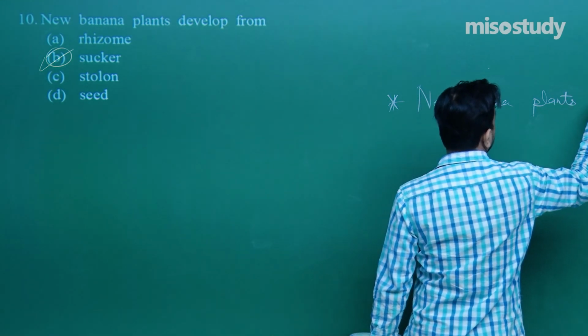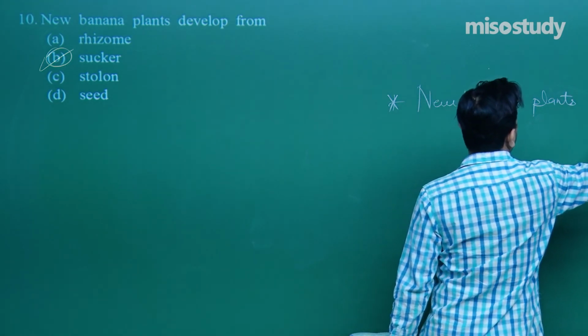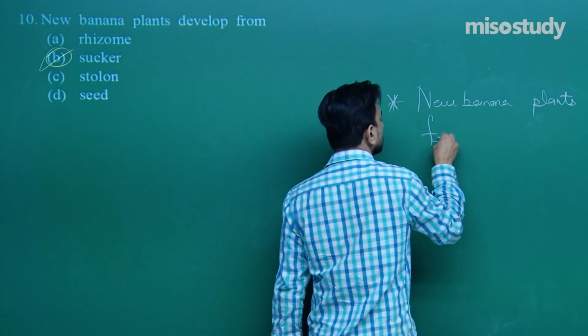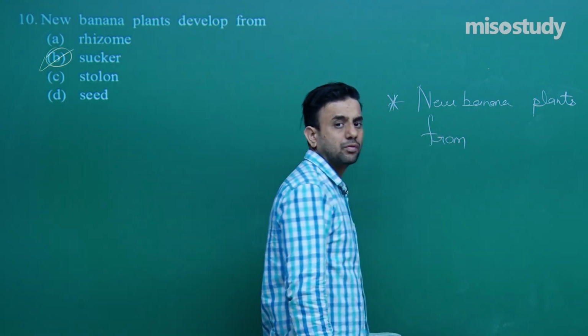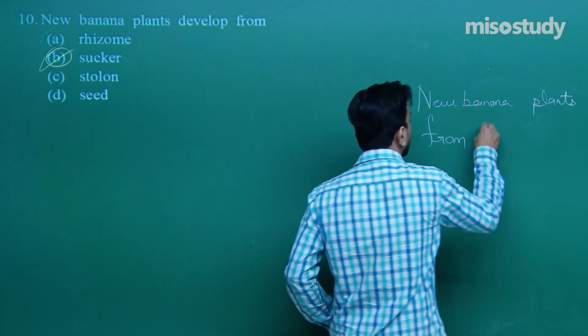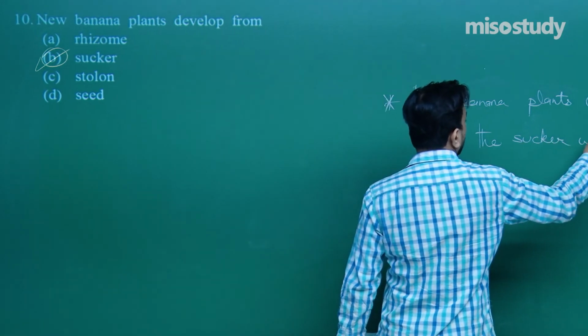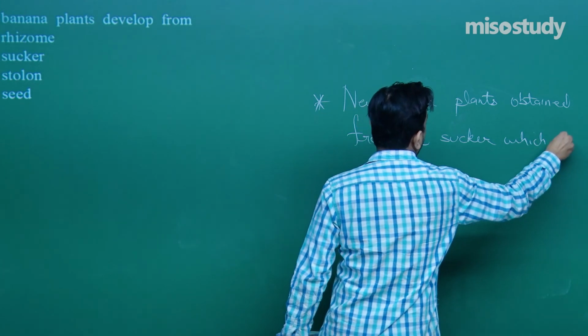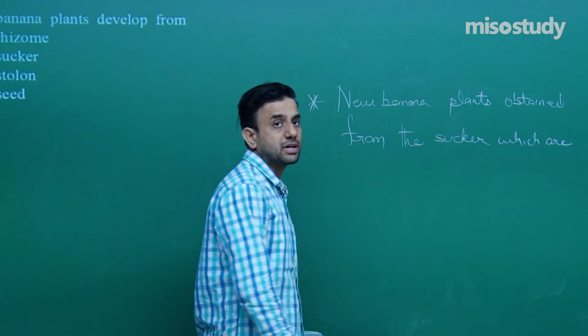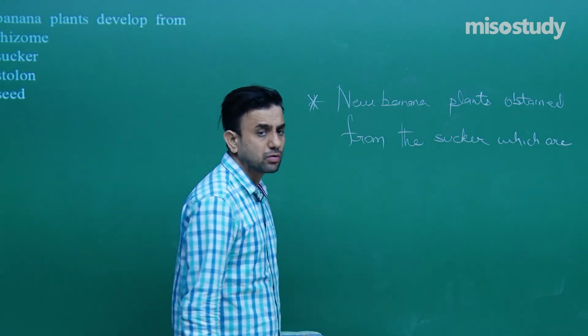New banana plants are obtained from the sucker, which are subaerial modifications.